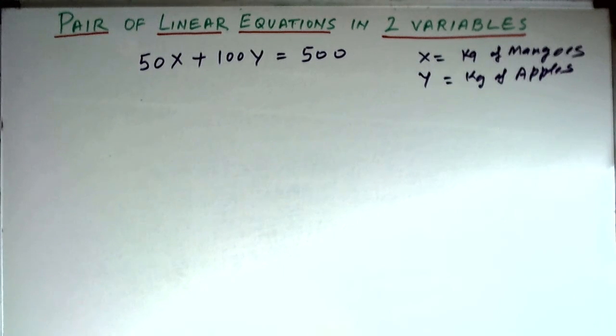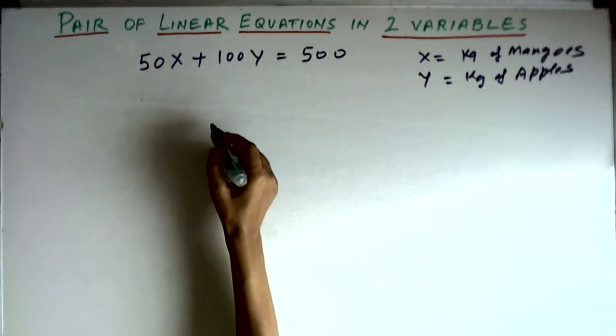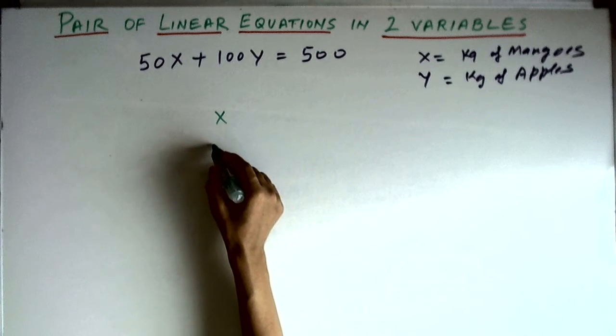So now if we draw this equation, how do we draw this equation and what do we get? For drawing the equation, we first need to prepare a table, and a table means we say x and y.